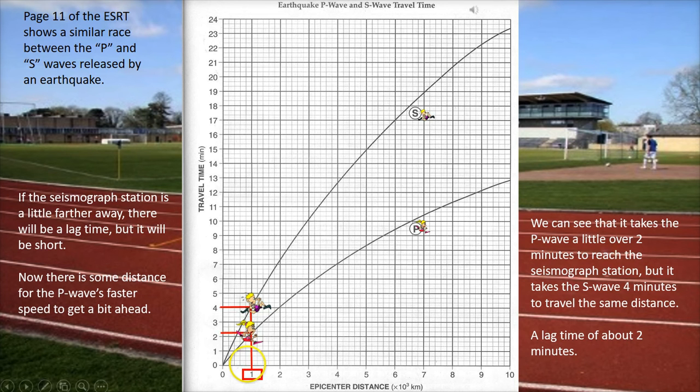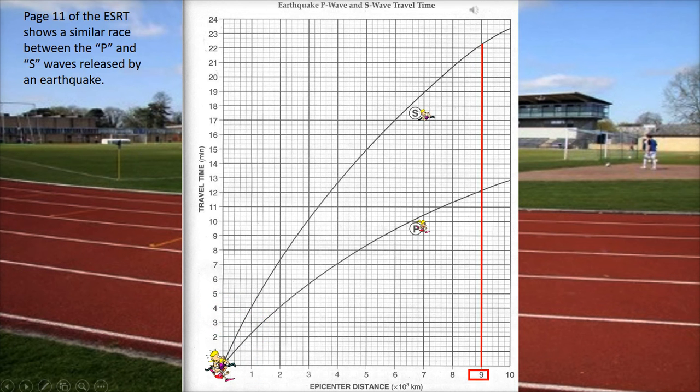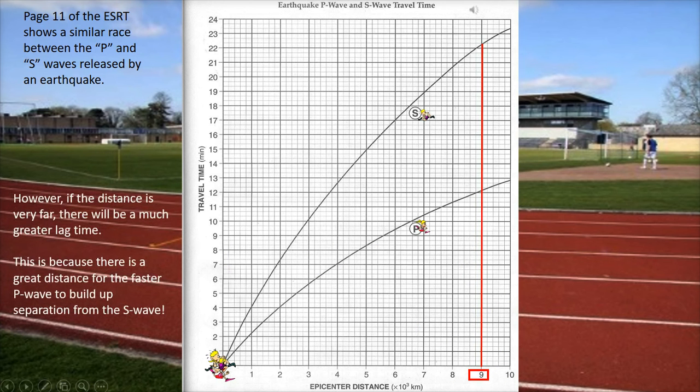When you use your reference table, you're going to want to keep track of this idea, this gap between when the P wave came in and the S wave came in. All right, let's do a longer race now. We're going to do a 9,000 kilometer race. Since the distance is a lot farther, there's going to be much more distance for Priscilla, or the P wave, to get ahead, and you're going to see separation here.